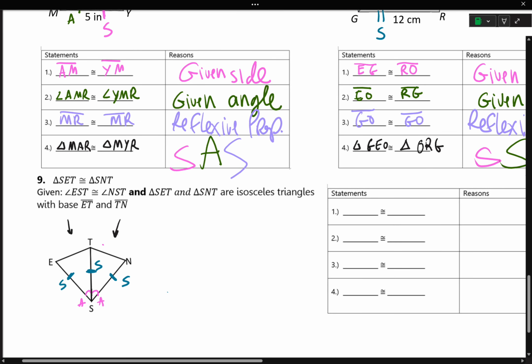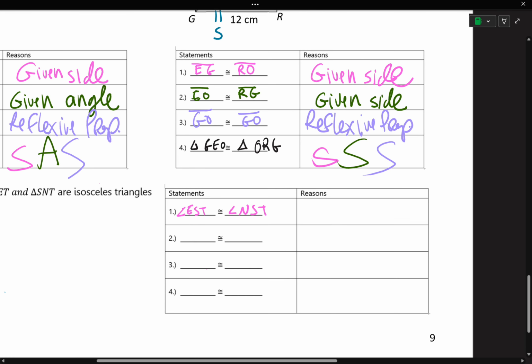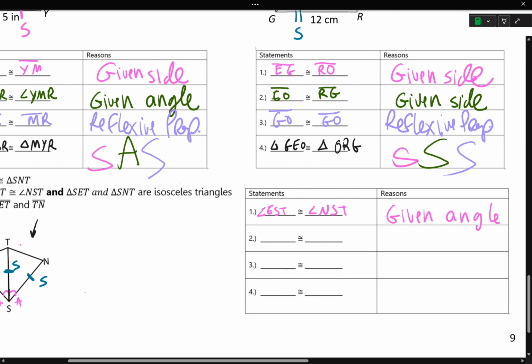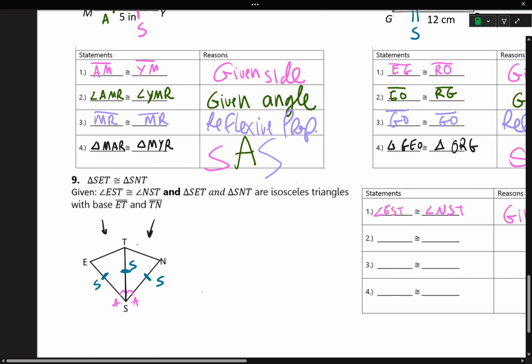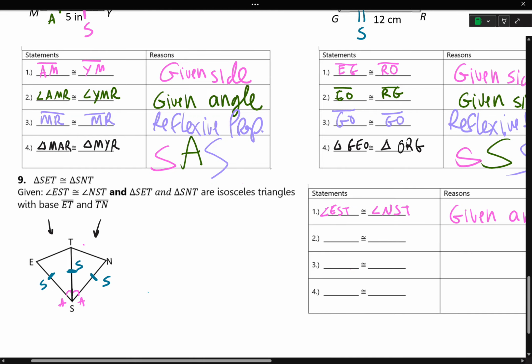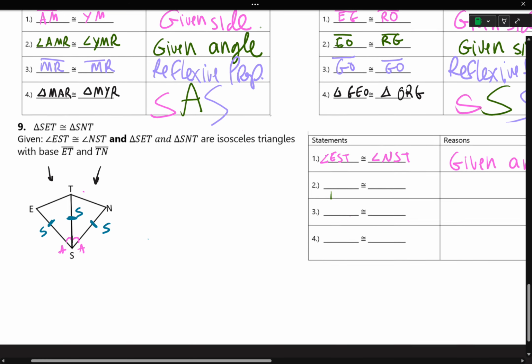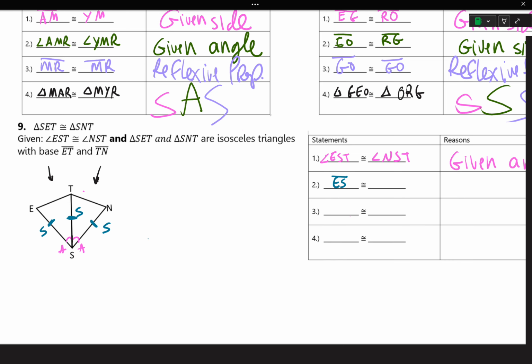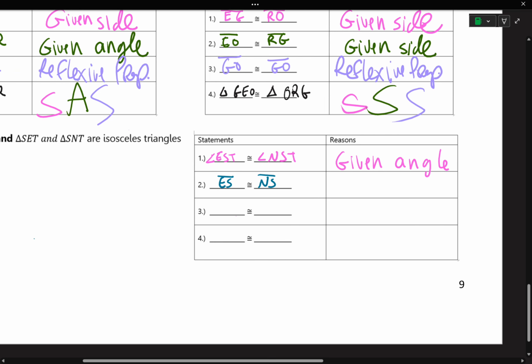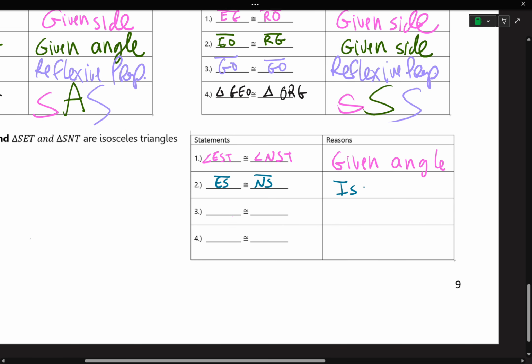Let's do it. Okay, let's start with the given angle, because it's given. EST and NST. Given angle. And then we've got the two sides. No, that's green. I used blue. ES congruent to NS because of isosceles triangle.